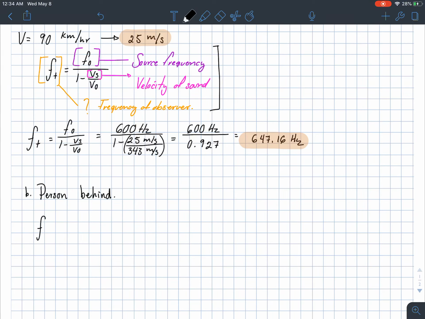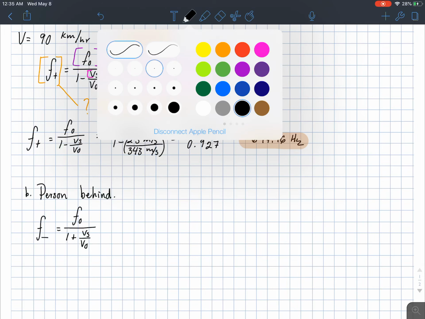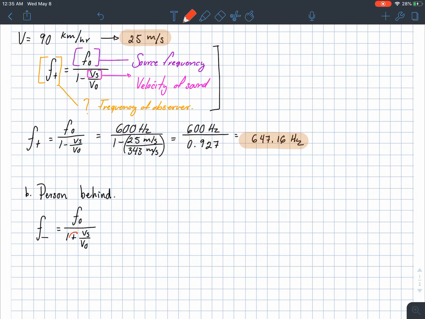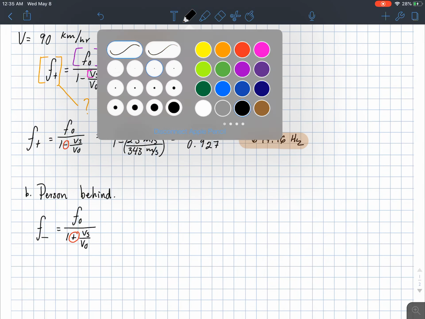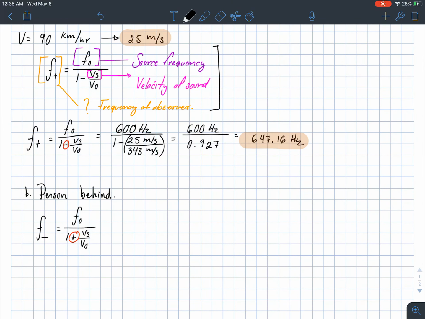So f minus is equal to f naught over 1 plus Vs over V naught. Now, the main difference between these two formulas is this right here. And we want to pay attention to that so that our calculations are in the correct units.